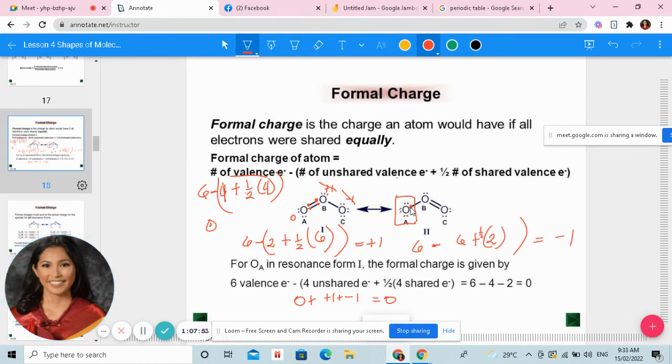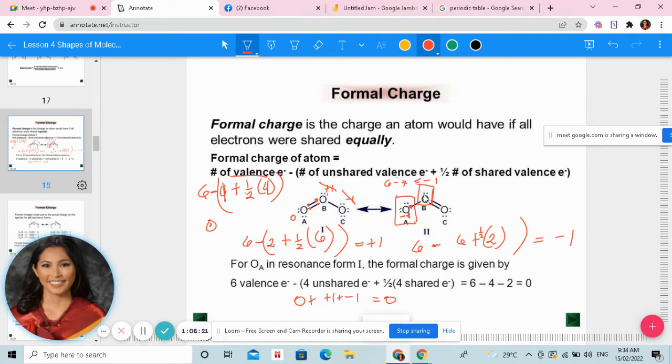Only count this one electron. That is 7 electrons for oxygen. Now, we have 6 minus 7. That is equal to negative 1. So this oxygen here has a charge of negative 1. Now, what about this one? What is the charge?